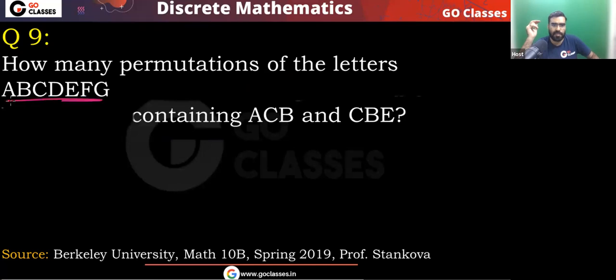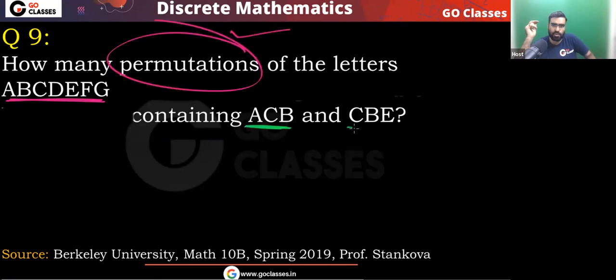Okay, this is A, B, C, D. We want permutations. Remember, we want those permutations in which you have this also and you have this also. Is it possible, first of all? Is it possible you can have ABC and CBE?